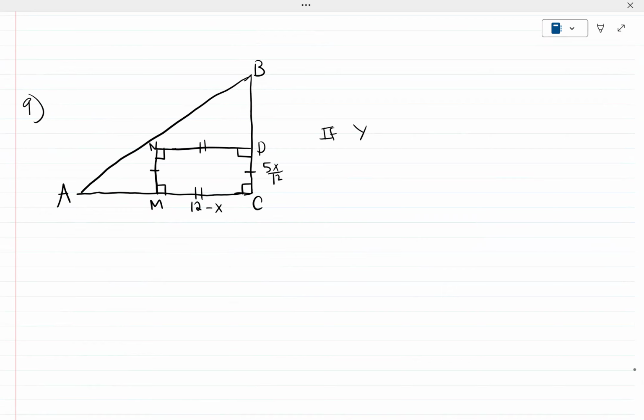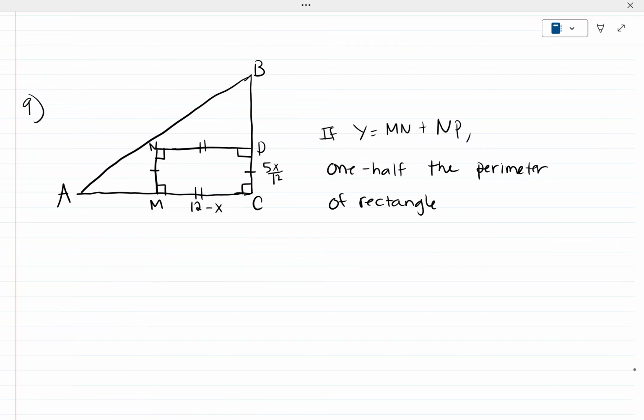If Y equals MN plus NP, 1/2 of the perimeter of the rectangle MNDC, find X and Y.